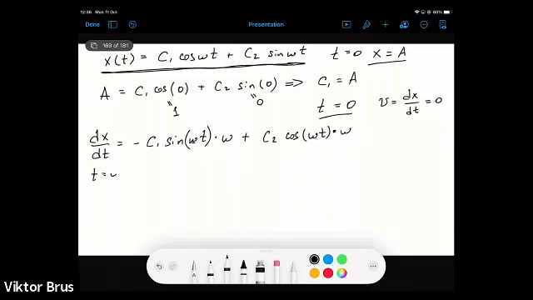At t equals 0, we get the following: minus C1 sine, here we can put 0, times omega, plus C2 cosine 0 times omega, and that is equal to 0. So what we get here, sine 0 is equal to 0, cosine 0 is equal to unity.